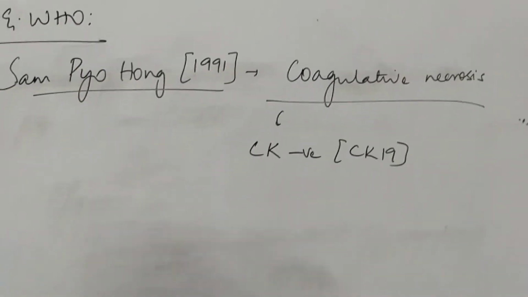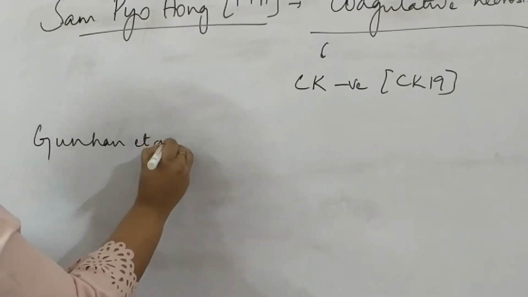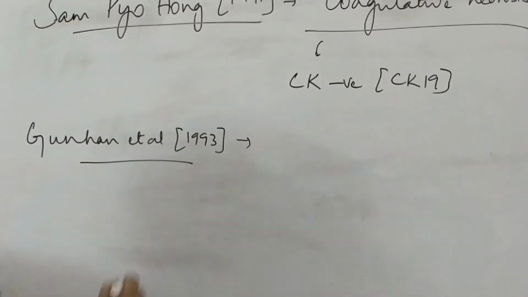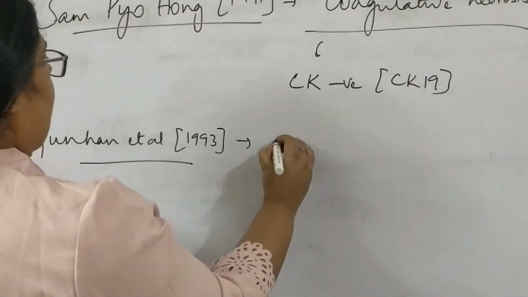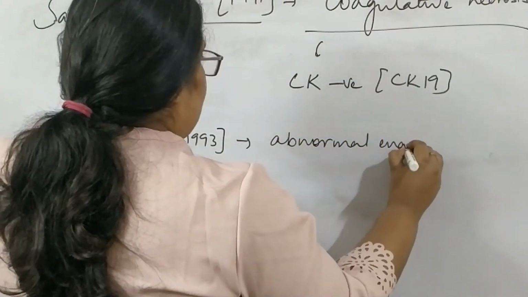Next, according to Gunhan et al. in 1993, he proposed that ghost cells were a result of abnormal enamel proteins.